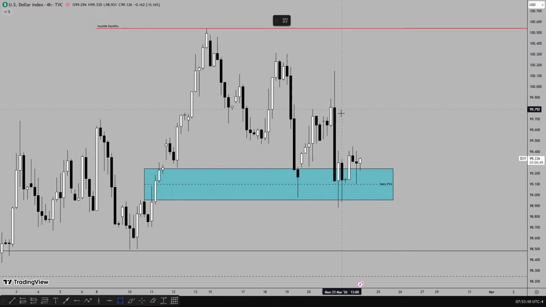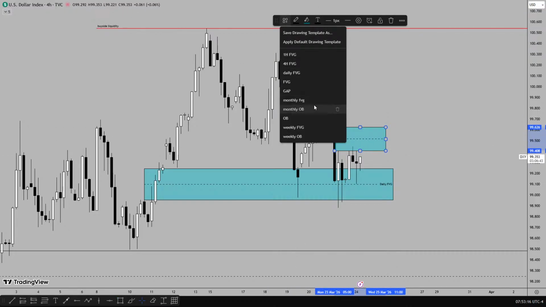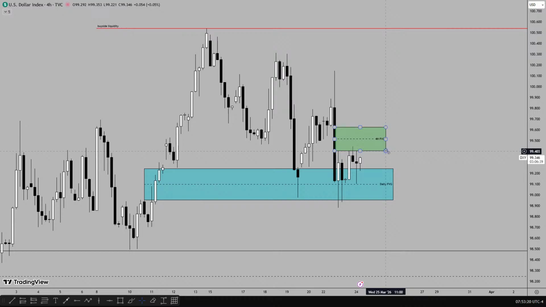Currently, price is at the 4 hour fair value gap, which I've been looking at for a while from the daily time frame. I've been looking at this all morning, looking for those cutting edge areas to use for my entry on how price will be trading lower to run the sell side liquidity.